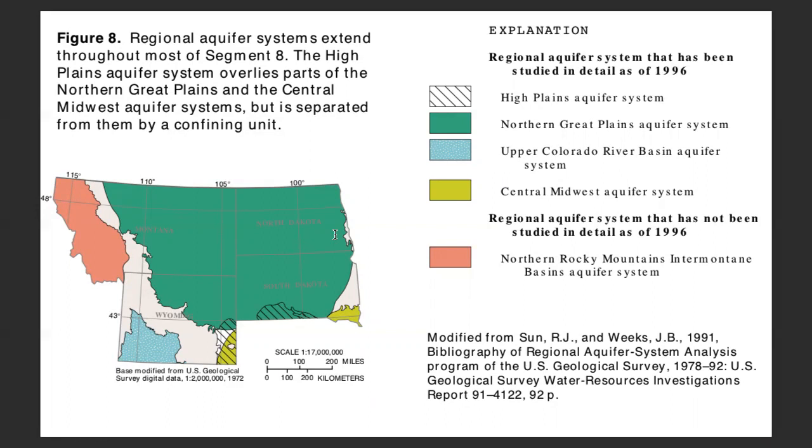We're going to look at them in detail here in a second. In Eastern Montana, we're in the Northern Great Plains Aquifer system. And we'll look at both styles of aquifers in these 2 systems, but those 2 are basically what drive us here and our conceptual models in Western Montana.